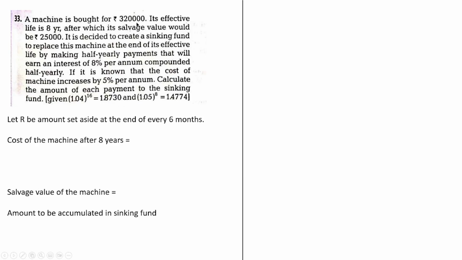The cost of the machine is 3,20,000, and it is given that the cost increases by 5% per annum. Since it increases by 5%, at the end of 8 years it will be 3,20,000 into (1 plus 0.05) the whole raised to 8. This is using the formula future value is equal to the present value into (1 plus r) the whole raised to n.